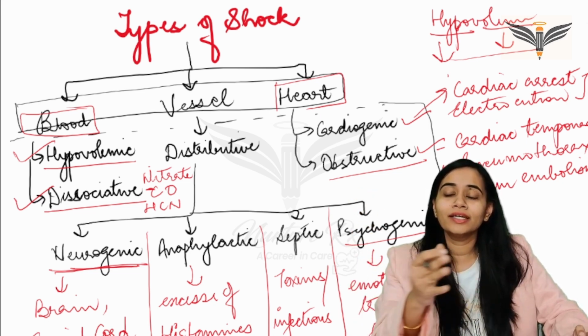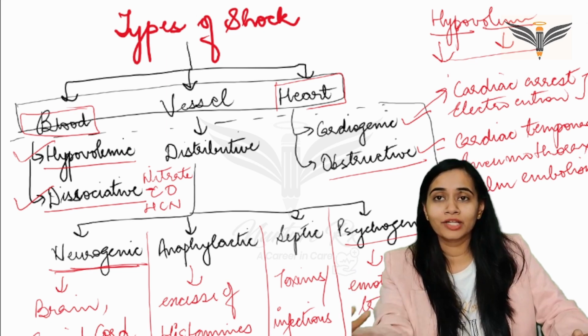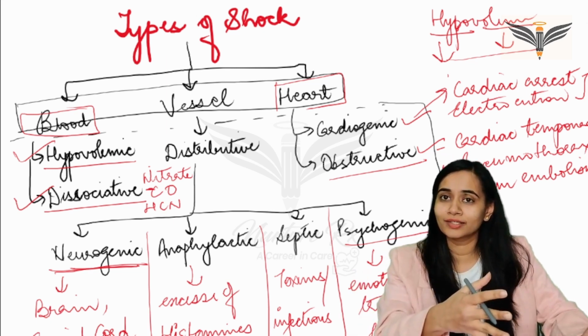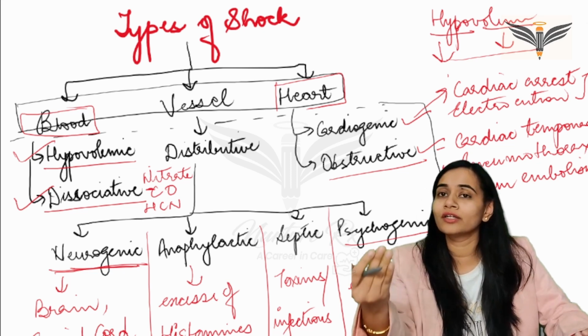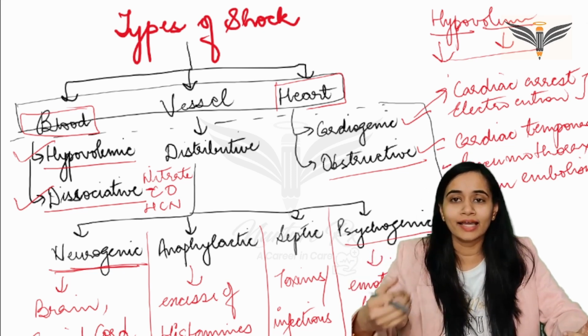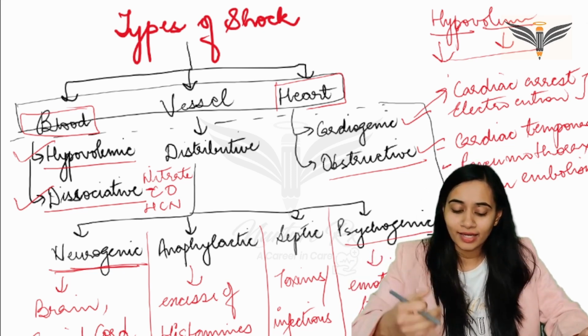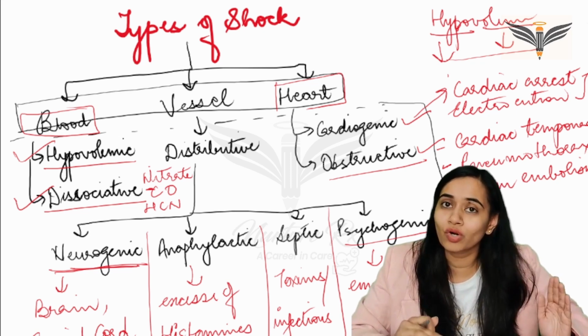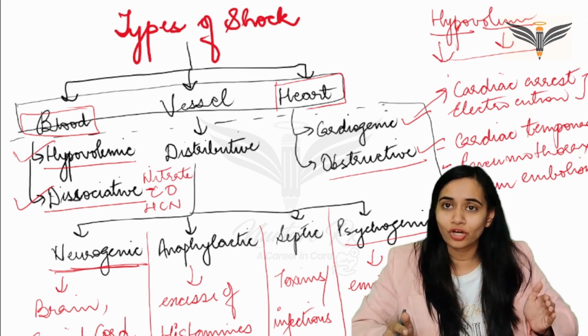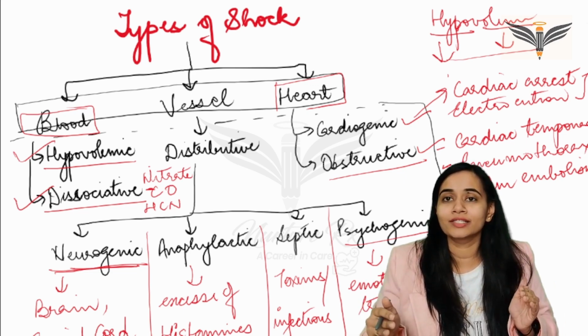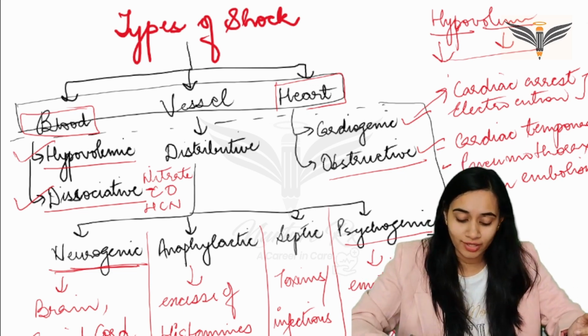Similarly, if there is any massive hemorrhage, you will know that it is hypovolemic shock. So there will be a scenario in the question, and according to that, you have to decipher what kind of shock it is, right? Once you have deciphered which type of shock it is, the next thing that you have to assess is the grade of shock.